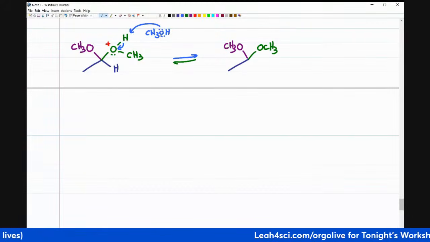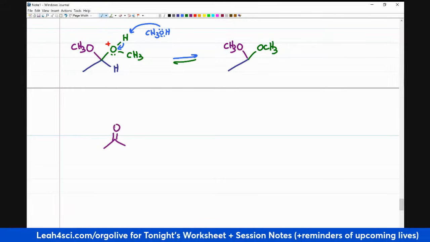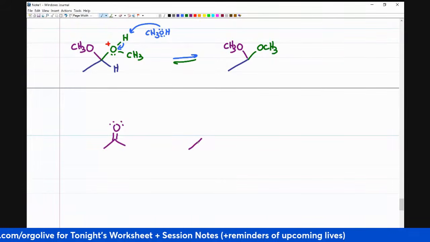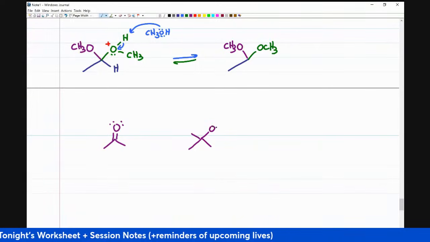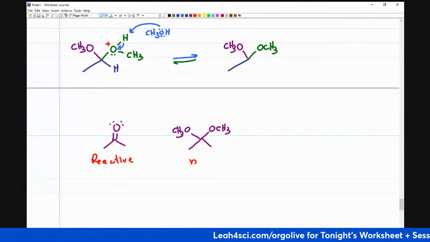But let's say you have a molecule where you don't want your carbonyl attacked. The way that we have a carbonyl being reactive, what if that carbonyl could be turned into something like this, not reactive?